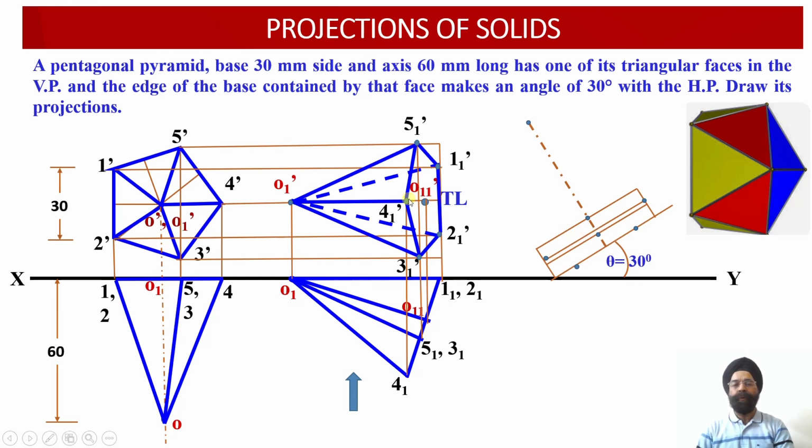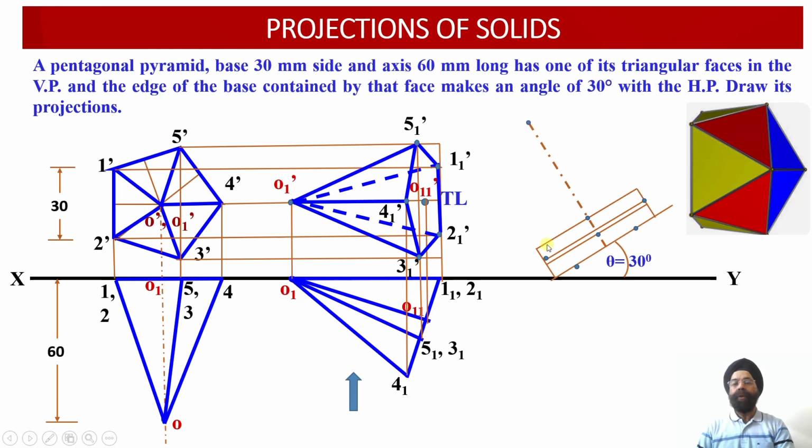This distance will provide us with the location of 4 1 dash. And this distance will provide us with the location of O1 dash. So all the 7 points we have been able to locate over here using the principle of rectilinear distances transferred from this elevation projection view to this reoriented elevation projection view.